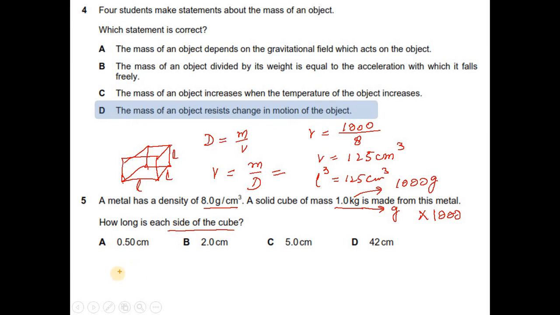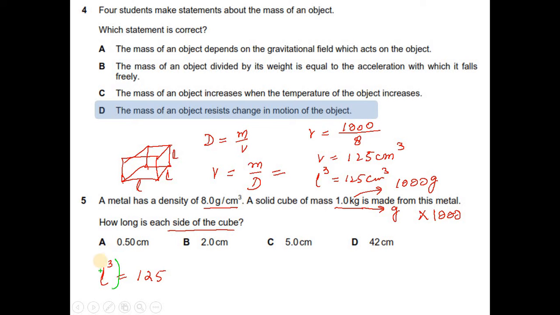So how do you do that? I'm just doing it in detail. If you know what I mean, you can skip all the steps, but for your understanding, L cube is 125, and if you need to find L, you will take the cube root.